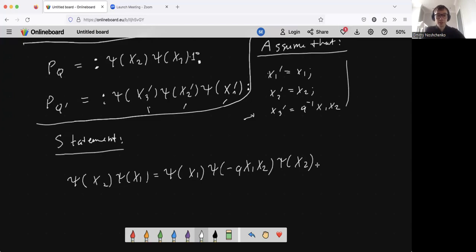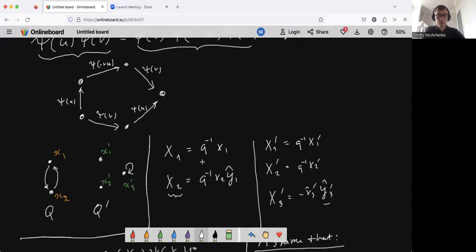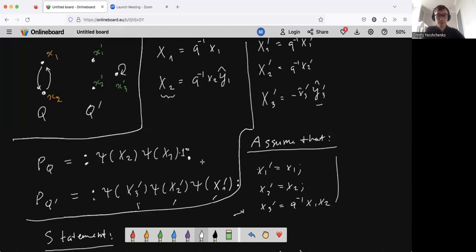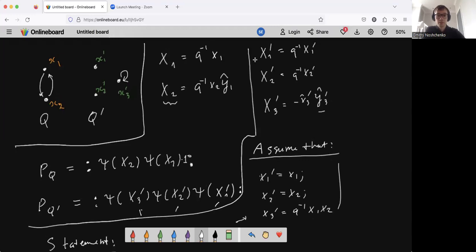Essentially what we did here is we used the fact that the psi operators obey the quantum pentagon identity as above. And furthermore, we used the fact that after such identifications of these x variables, you can identify also the operators as well. You see that x1 equals x1 prime, x2 to x2.